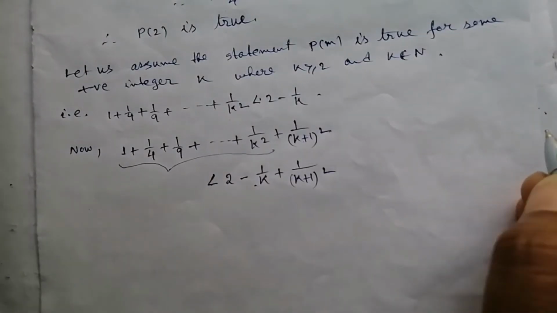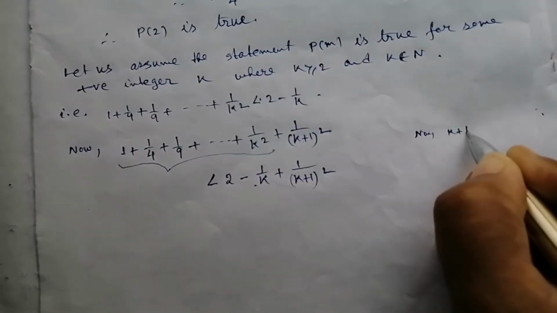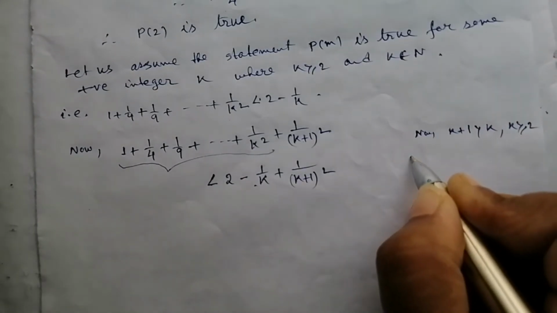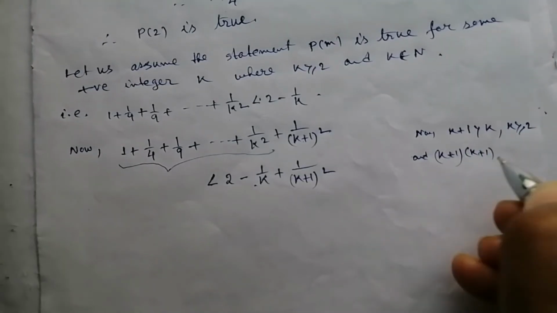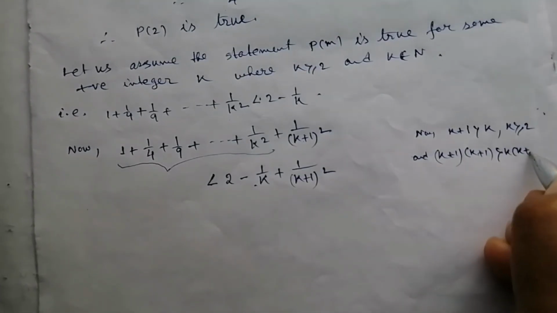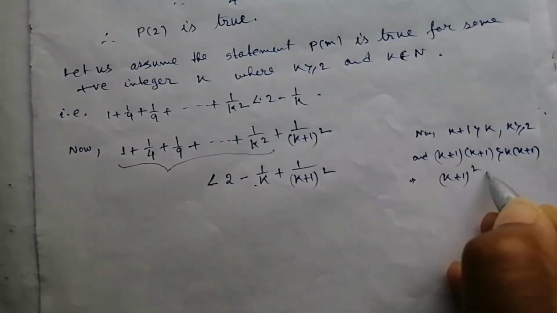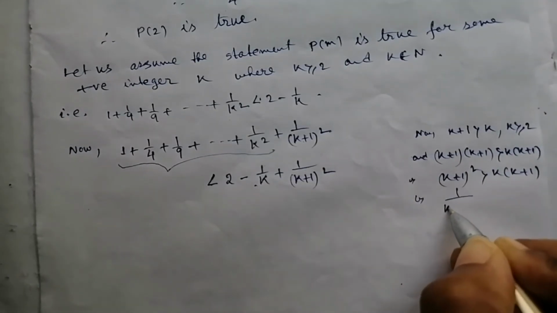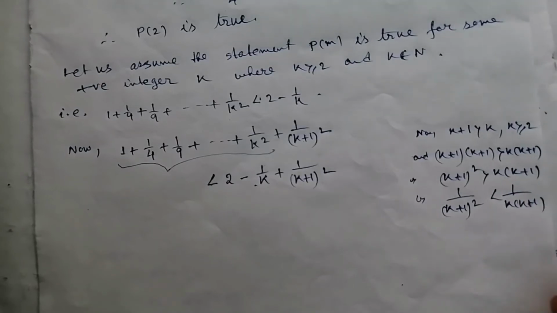Now there is a calculation. k plus 1 is greater than k for k greater than or equal to 2, and multiplying both sides by (k plus 1), (k plus 1) whole square is greater than k into (k plus 1), or 1 by (k plus 1) whole square is less than 1 by k into (k plus 1).